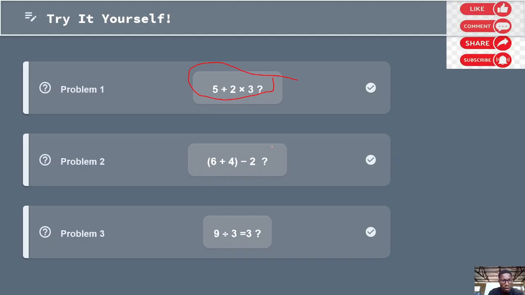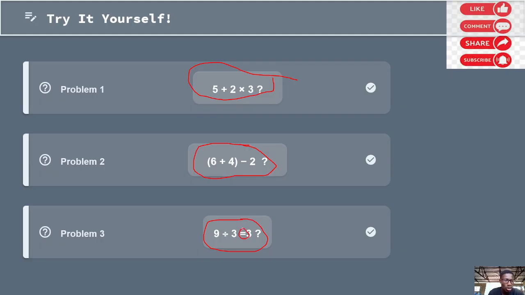The second one, problem 2, is it an equation or an expression? You're absolutely right. This is an expression, not an equation, because there is no equal to sign. And the third one, problem number 3, is it an expression or an equation? Absolutely true. It is an equation because it has the equal to sign.